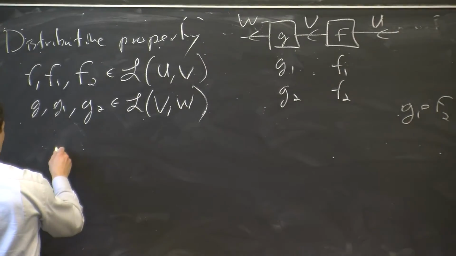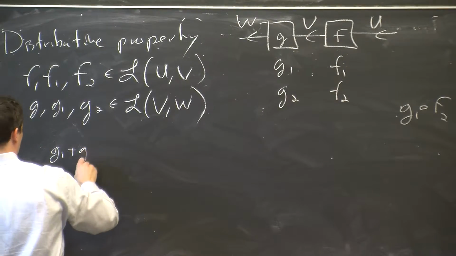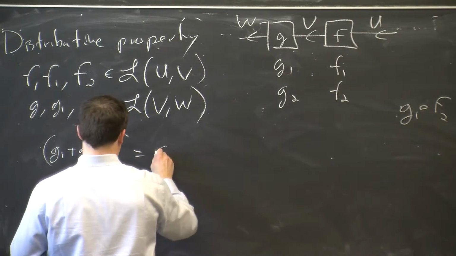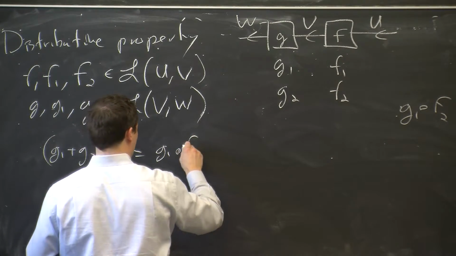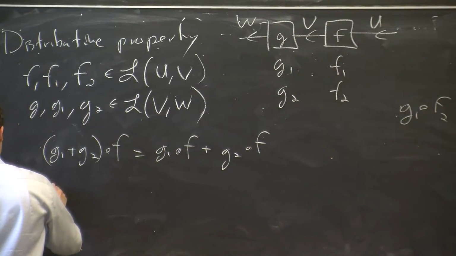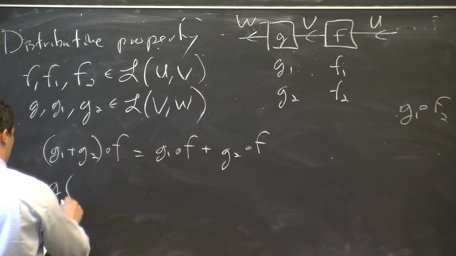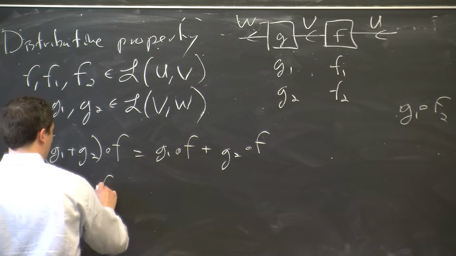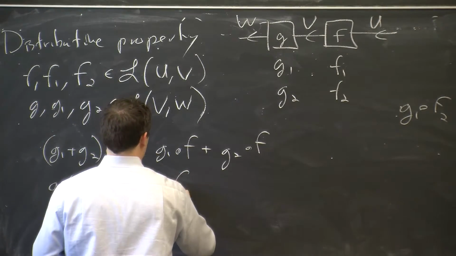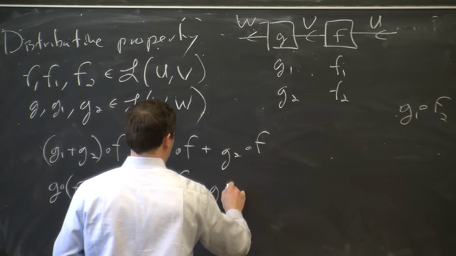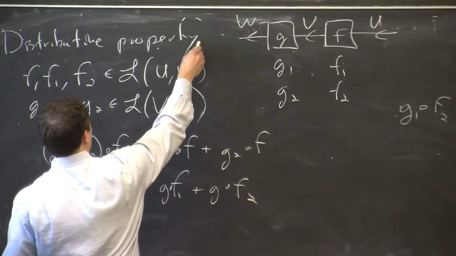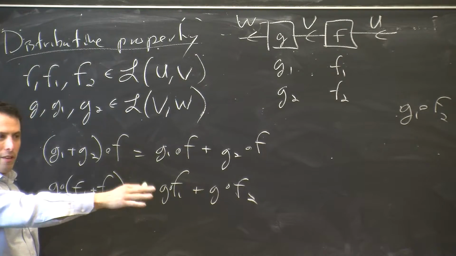And it's true that G1 plus G2 composed with F is equal to G1 composed with F plus G2 composed with F. And it's also true on the other side, G composed with F1 plus F2 is equal to G composed with F1 plus G composed with F2. So this is called a distributive property for linear transformations. You can multiply them over sums.